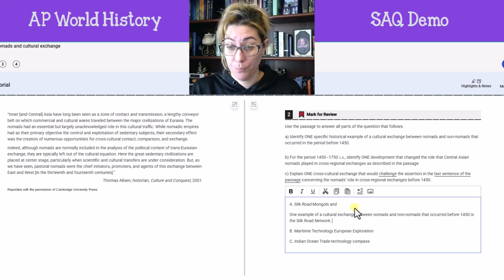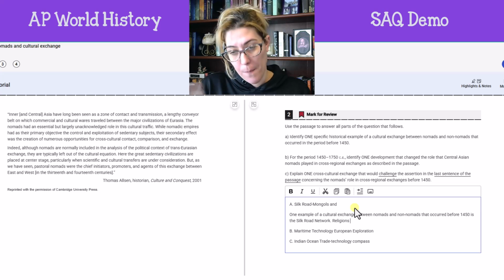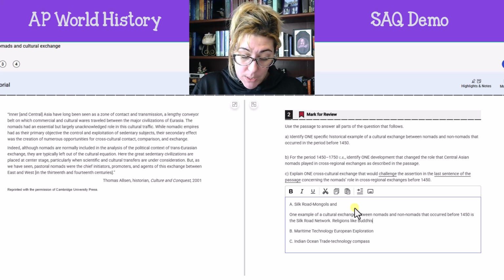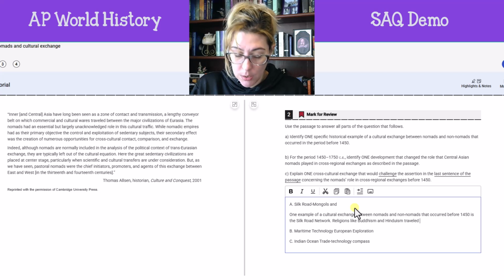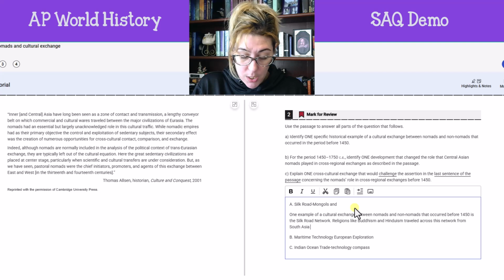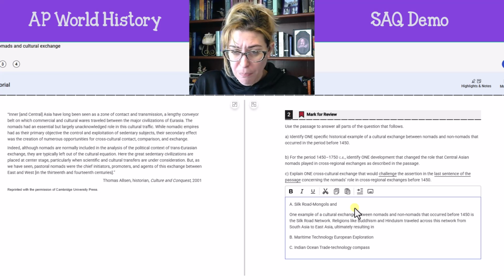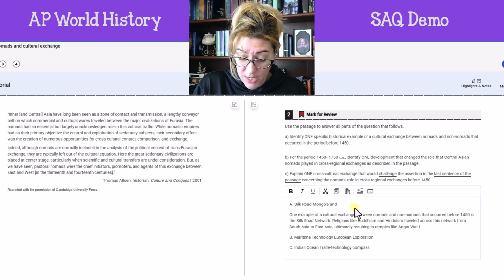Well, we've got religions. Religions like Buddhism and Hinduism traveled across this network from South Asia to East Asia, ultimately resulting in temples like Angkor Wat in the Khmer Empire.